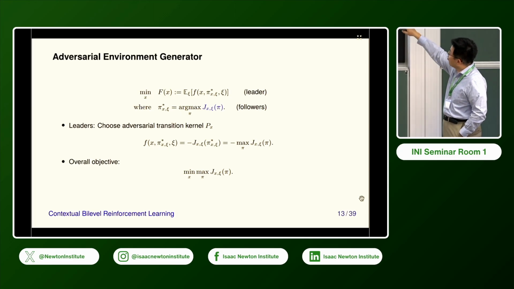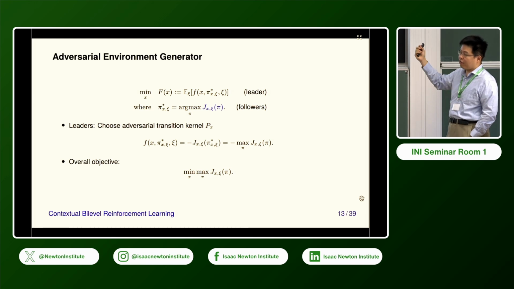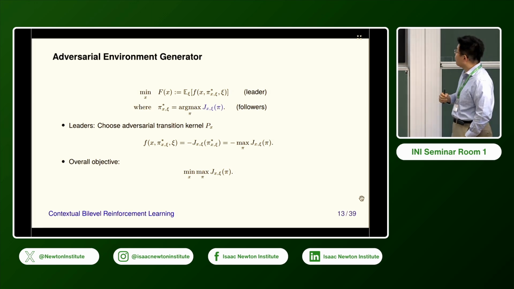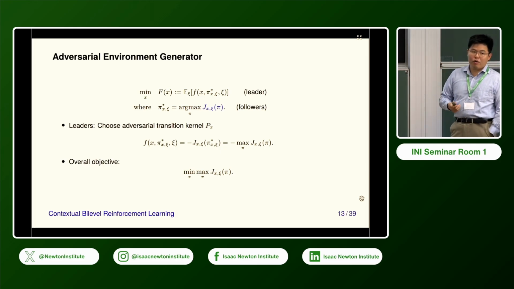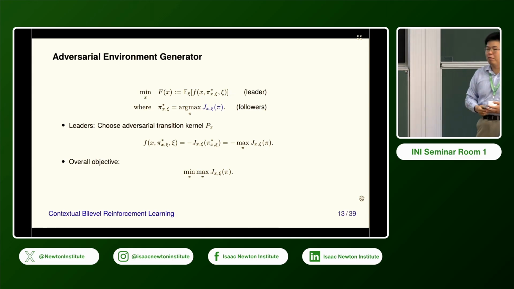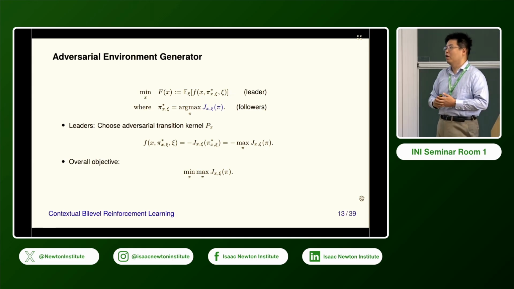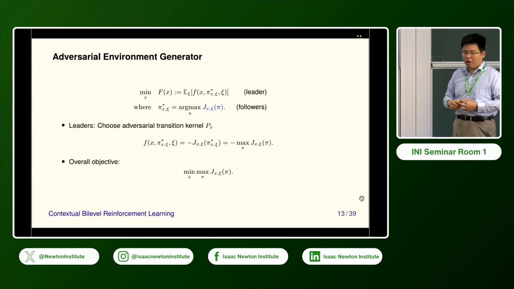And if you formulate the leader's objective to be choosing the adversarial transition kernels, parameterized by your design parameter X, and then choose this objective to be the negative of the cumulative reward of these RL problems, then your overall objective is to do a min-max problem. This min-max problem is basically trying to find the parameter of the worst case transition kernel for your MDP.